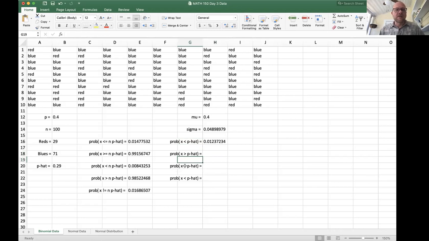So the thing that we don't have to worry about with normal distributions that we did with binomial distributions, the or equal to, doesn't make sense to talk about. The exactly equal to stuff is only going to end up giving you zeros, all right?